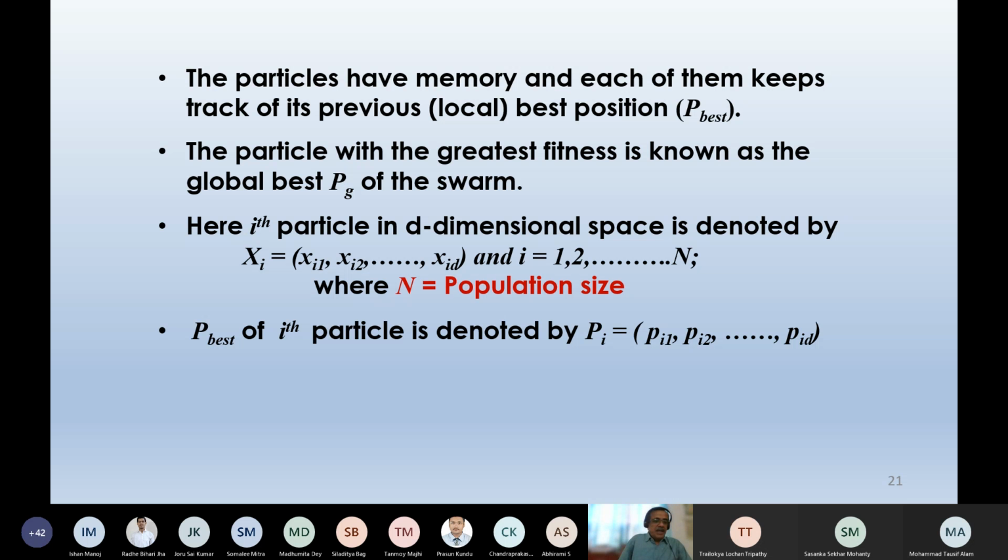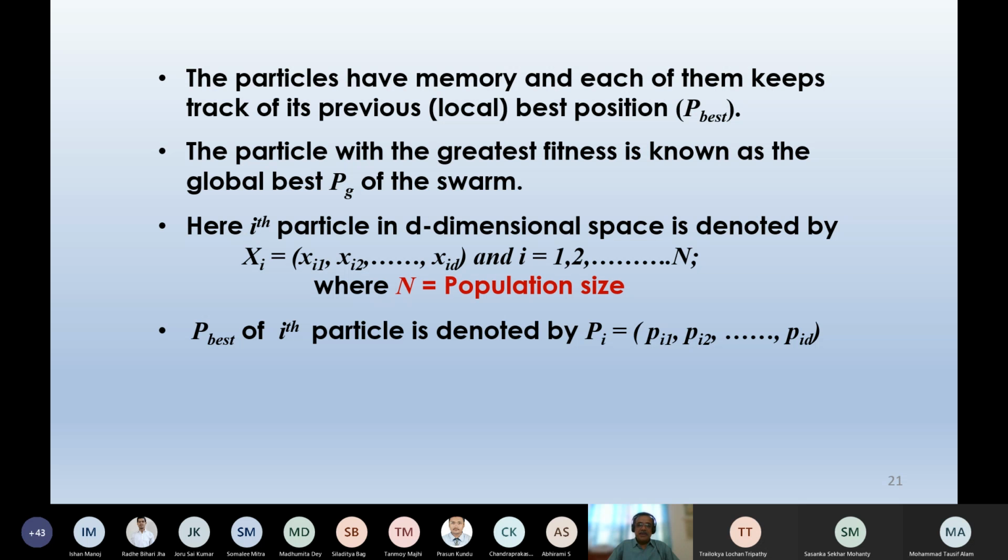Now here, the ith particle in d-dimensional space is denoted by Xi. This is a population-based approach. A particular solution, the ith solution, is denoted by capital Xi. And capital Xi consists of how many numerical values?